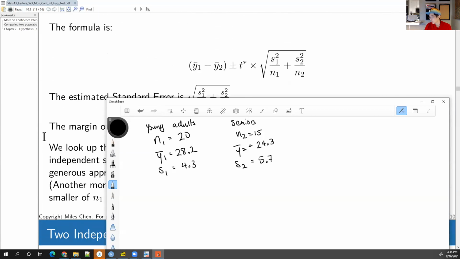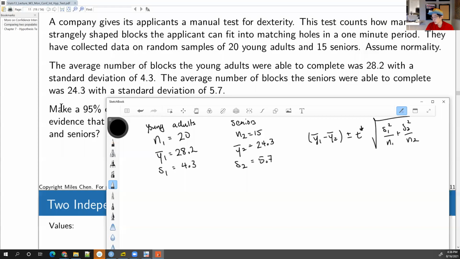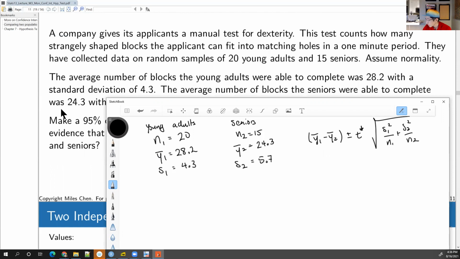The formula for the confidence interval is Y bar 1 minus Y bar 2 plus or minus T star times the square root of S1 squared over N1 plus S2 squared over N2. Okay, so our degrees of freedom is N1 plus N2 minus 2.